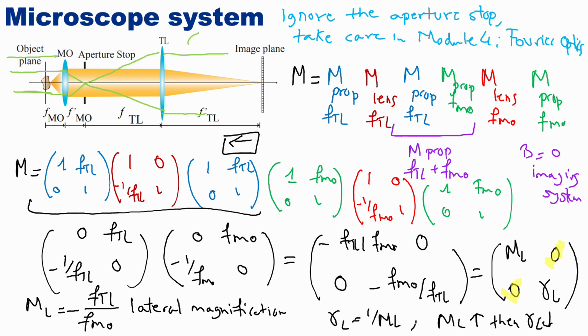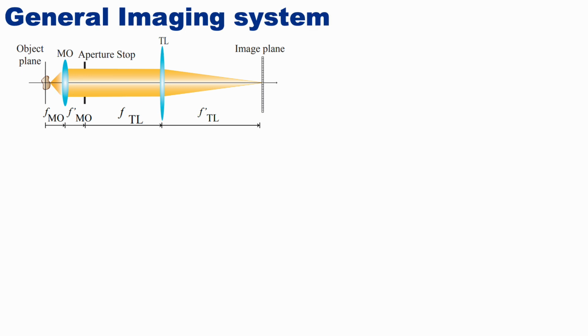That is the reason why C is equal to 0. Parallel beams remain parallel in both the input and the output, and that's what we usually call telecentric systems.